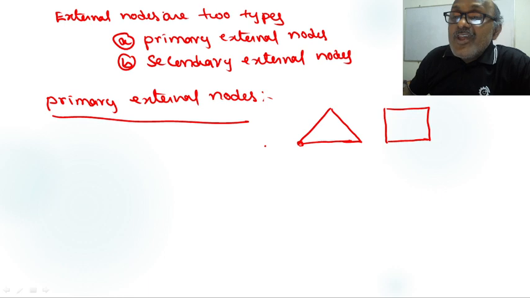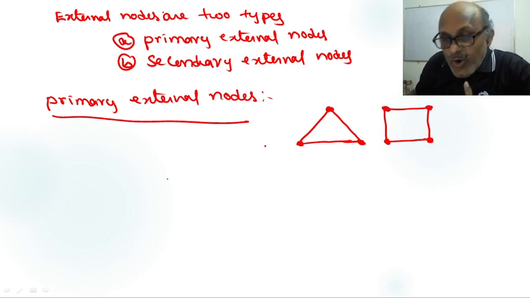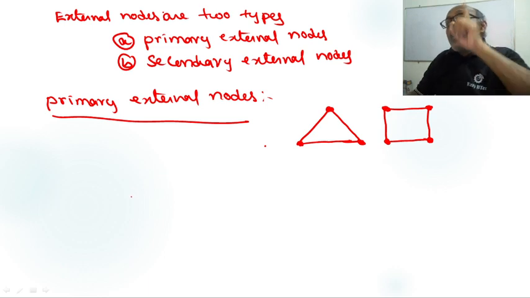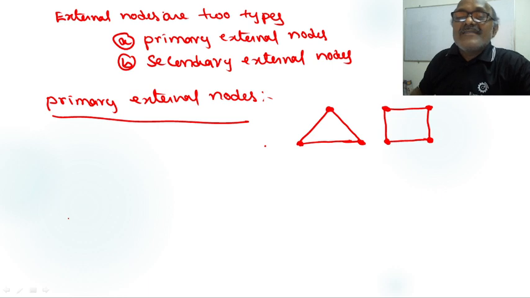Whatever nodes are present at the corners of the element are called primary external nodes, my dear students.